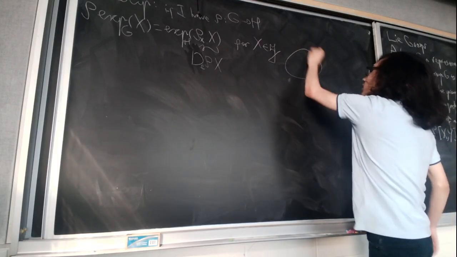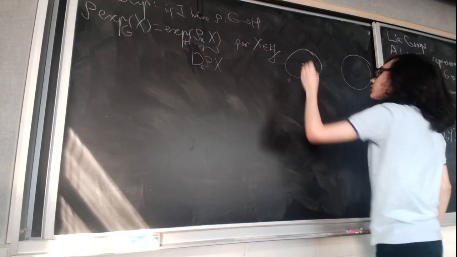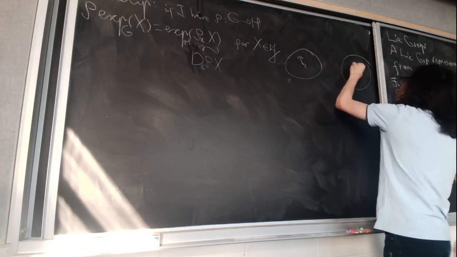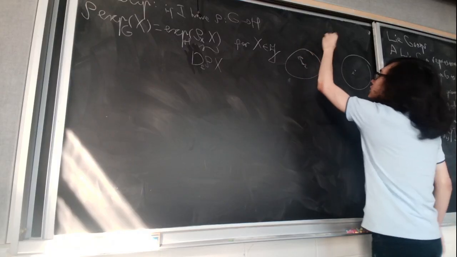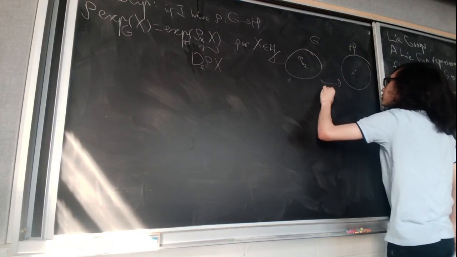So maybe if I draw a picture, recall, this is the identity, this is again the identity, this is our G, this is our H, this is rho.